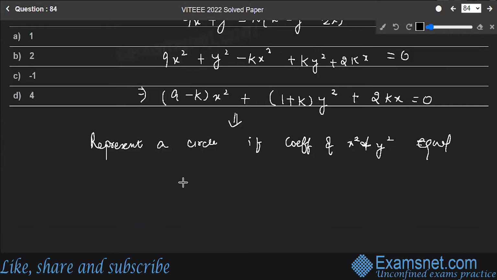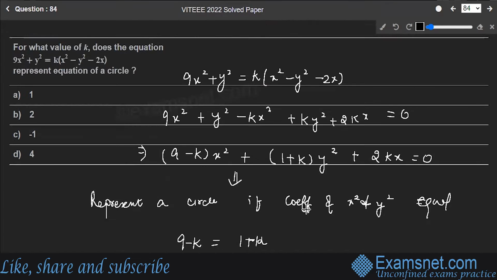That means if 9 minus k is equal to 1 plus k, this will be 8 is equal to 2k, or k is equal to 4. So if the value of k is equal to 4, then this will represent the equation of a circle, which makes option D the correct answer.